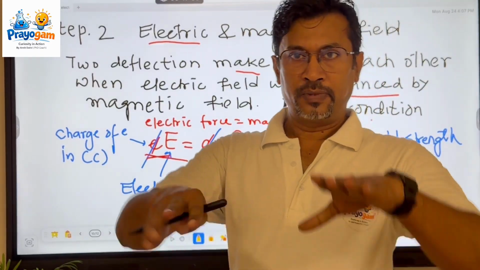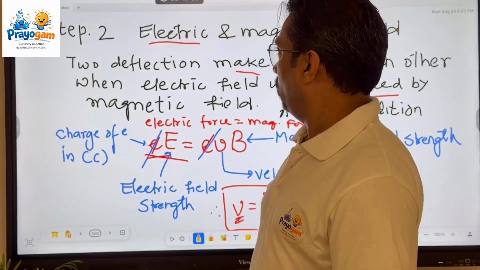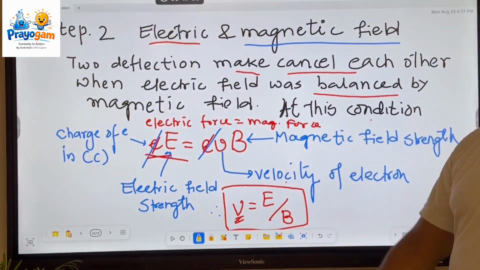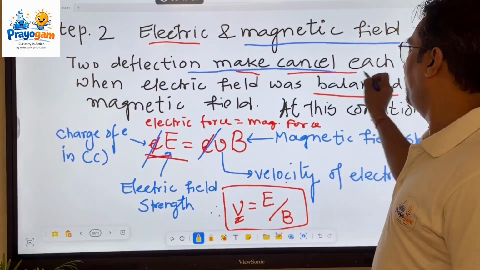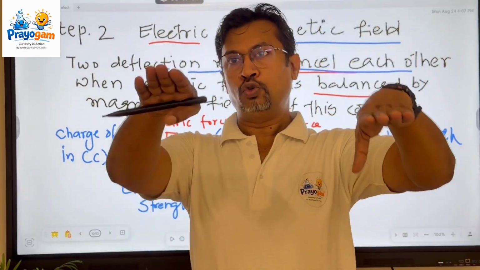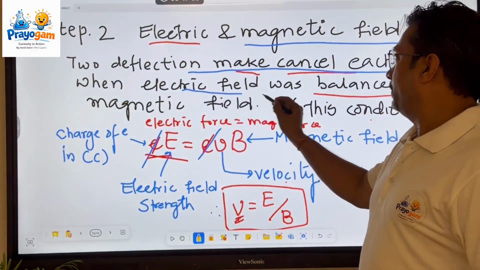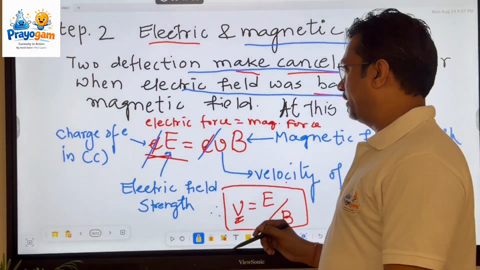What was step 2, children? They balanced what? Electric and magnetic field. So electric and magnetic field were balanced. So the two deflections cancel each other. Right? The one that was going up towards A and the one going towards C cancelled each other and both came to B. Right? So electric field was balanced by the magnetic field.